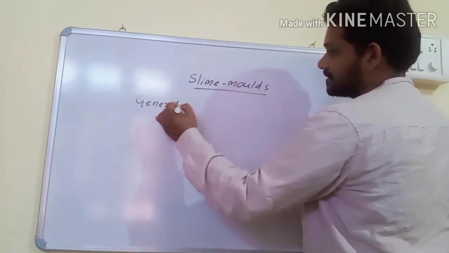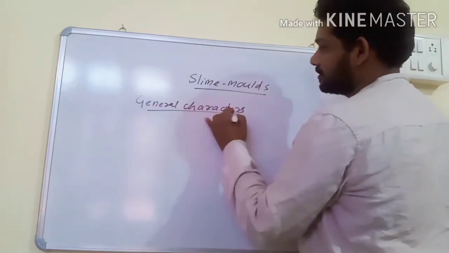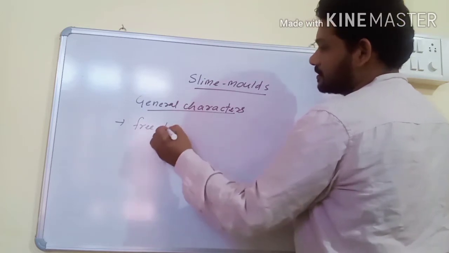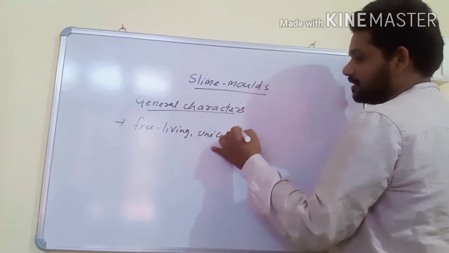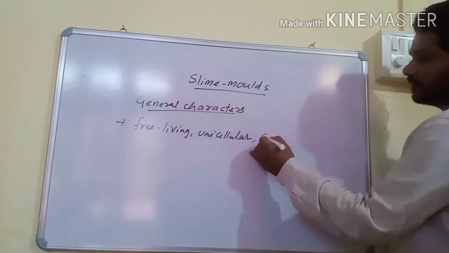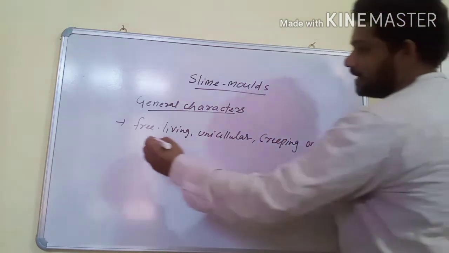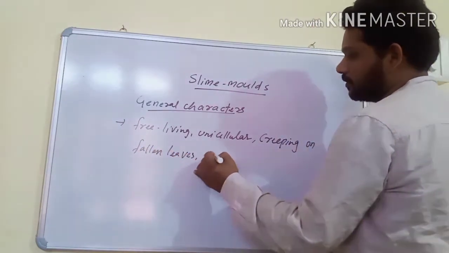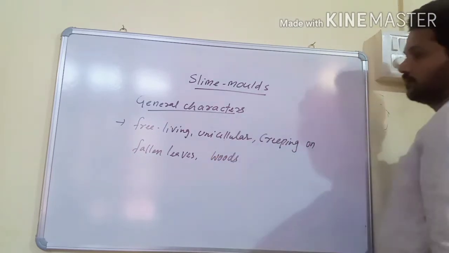General characters of slime molds. Usually they are free living. Slime molds are free living unicellular eukaryotic organisms, and they are usually creeping on debris like fallen leaves and fallen woods.